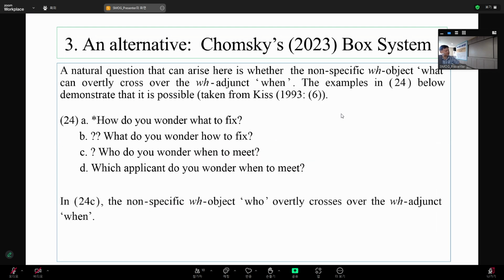This phenomenon can be seen here in 24. How do you wonder what to fix here? Who? The other sentence, do you wonder when to meet who, right? In this sentence, who moves across the agent when. So this is possible.